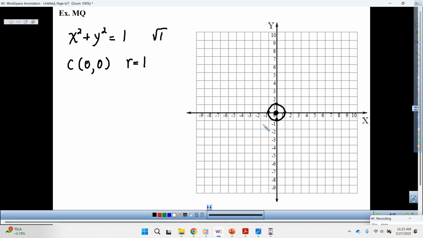However, what if I wanted to move it 4 to the left, 5 up, and a radius of 2.